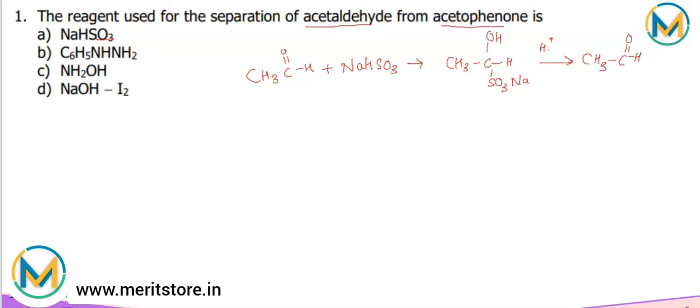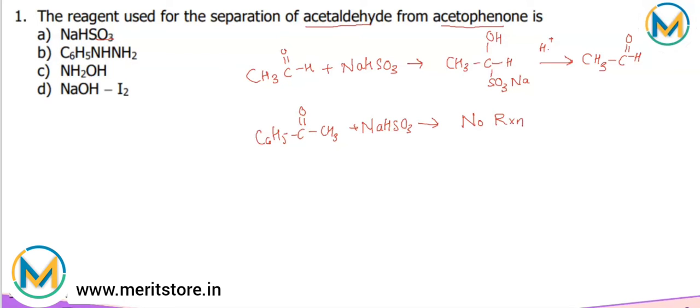While if we react acetophenone, that is C6H5 C double bond O CH3, with NaHSO3, this does not show any reaction.